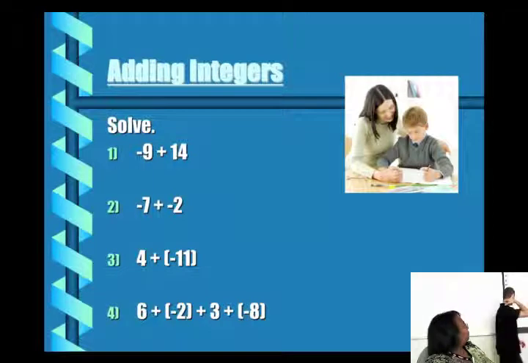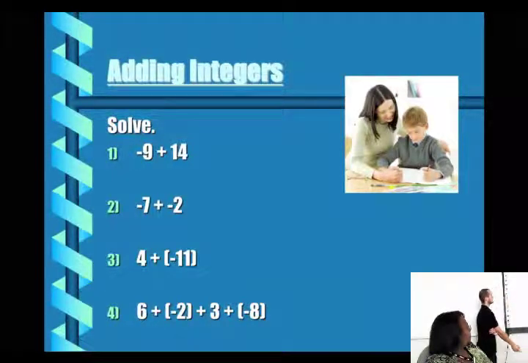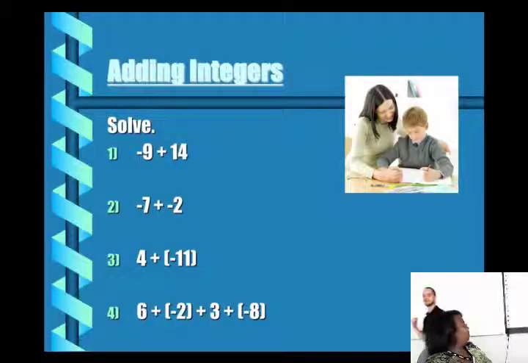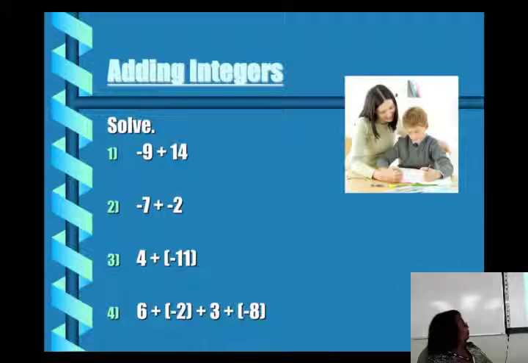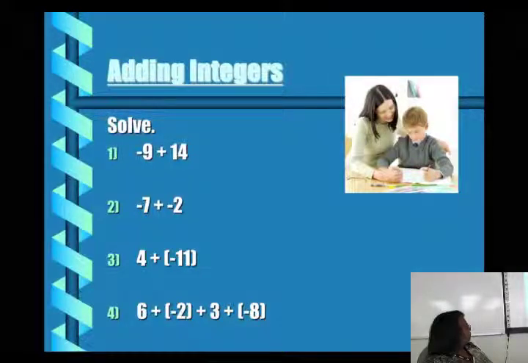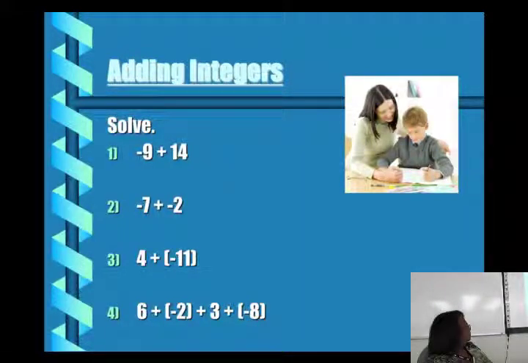So for number 1, positive 5. Yeah, negative 11. I mean, negative 7 is okay. What about number 2? Somebody want to do 2 and 4? Okay, and then what about number 2?